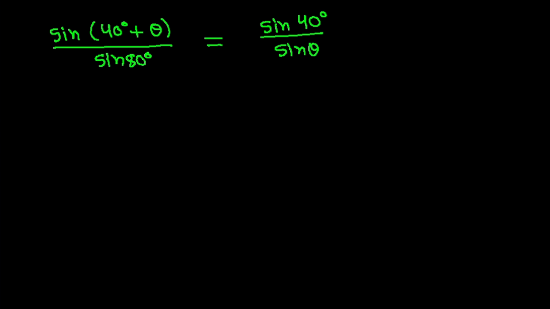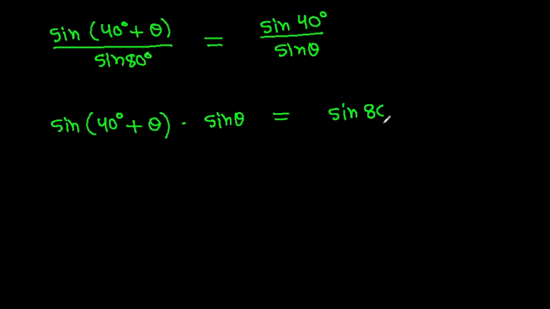And now, if we cross multiply, then sin 40 degrees plus theta times sin theta will be equal to sin 80 degrees times sin 40 degrees.